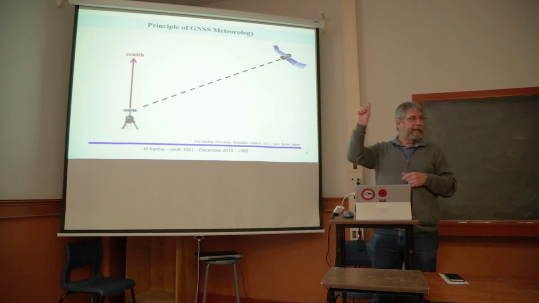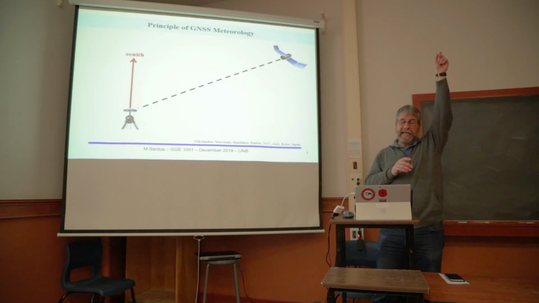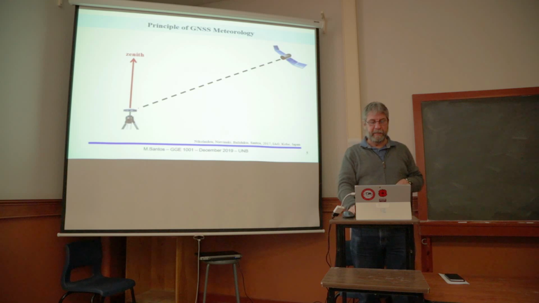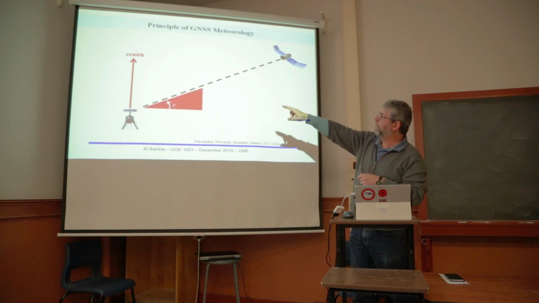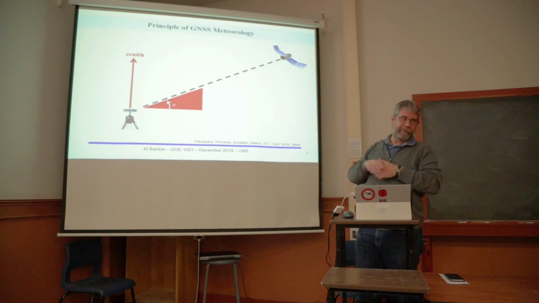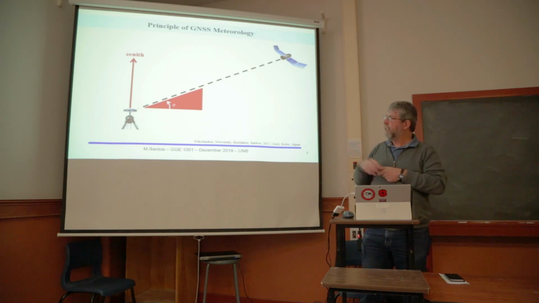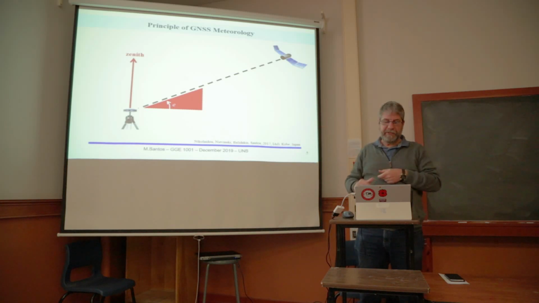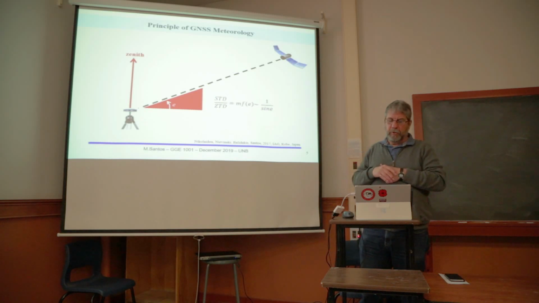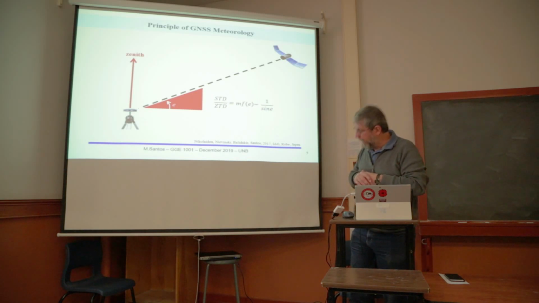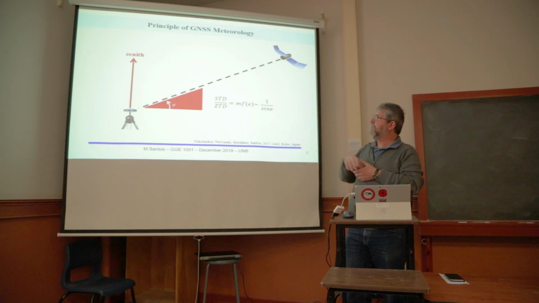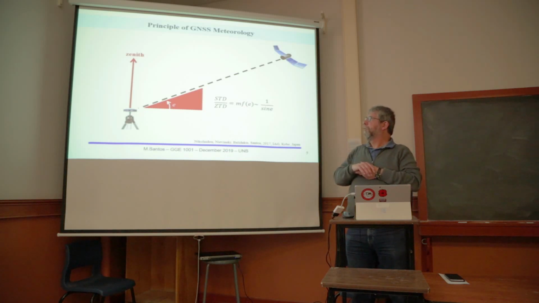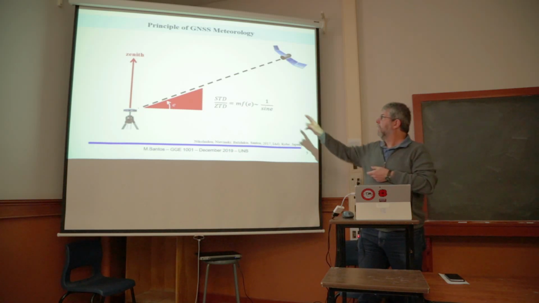We want to get the delay at the zenith, that is the highest point, but we actually measure the delay along the path. We call that the slant delay, and that's a function of this elevation angle E. So we have the so-called STD, the slant total delay, and we can establish a ratio with the zenith total delay.